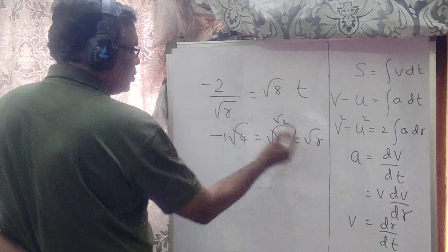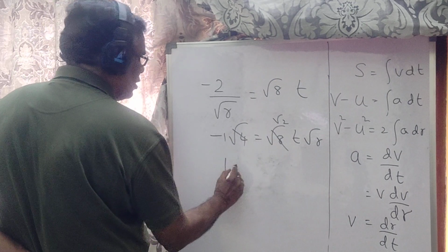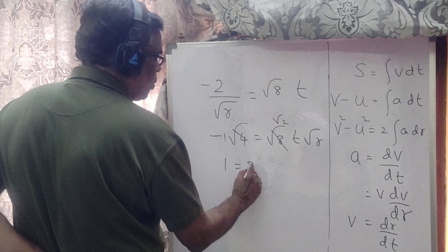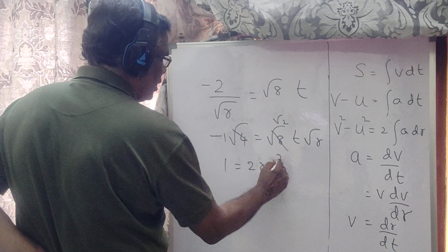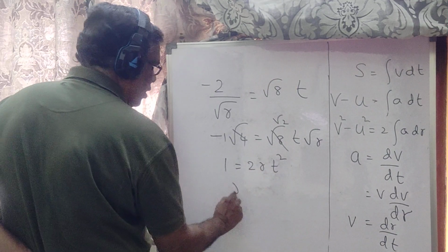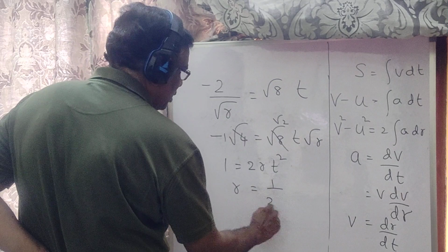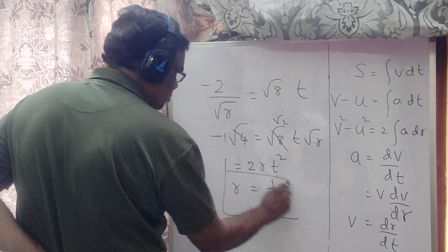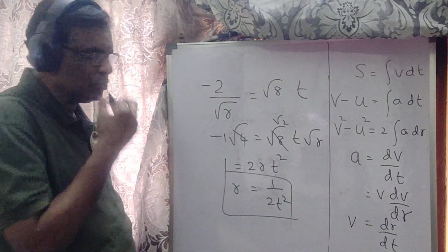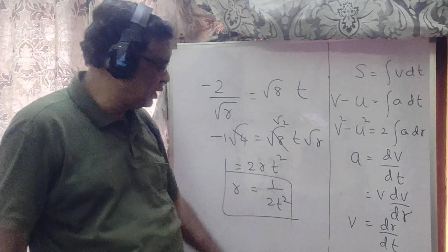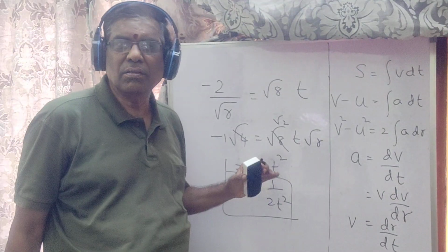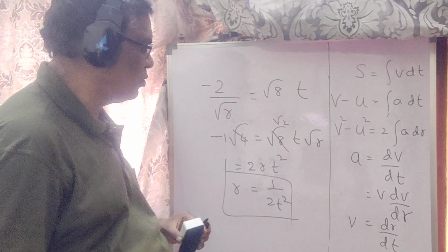Minus 1. Now, if you square on both sides, 1 is equal to 2rt square. r is equal to 1 by 2t square. This is the way we try to get position as a function of time.